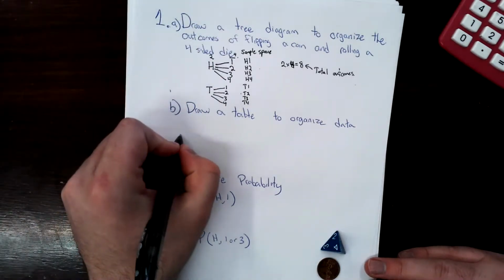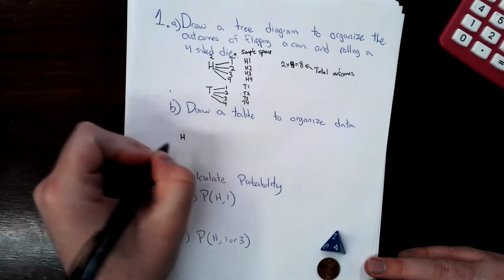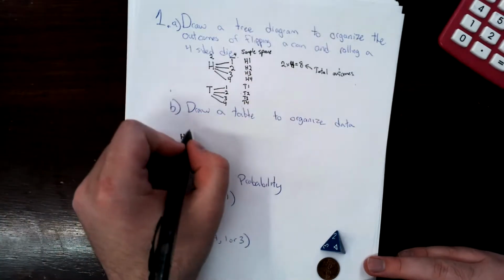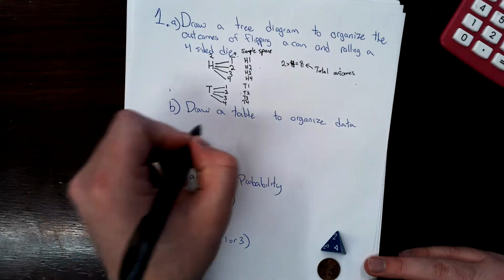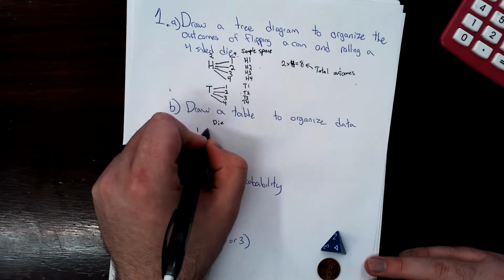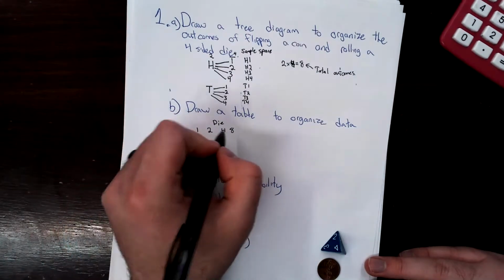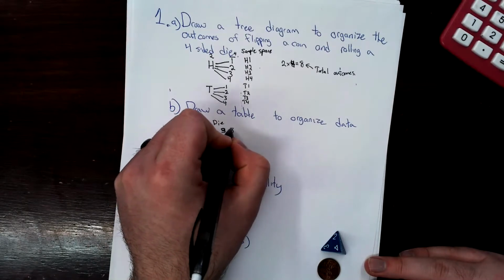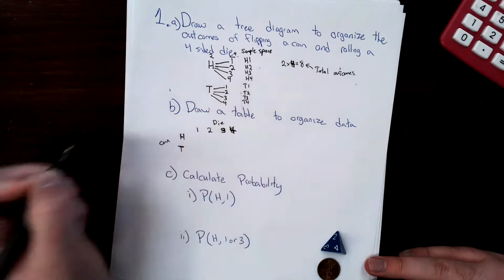The table could look like this, where one of your outcomes goes along the side here, heads and tails, and the other event, so this was the coin and the die, will go up here, and you're going to make something like a multiplication table, right, with 1, 2, 3, and 4. I cannot write today. There you go.